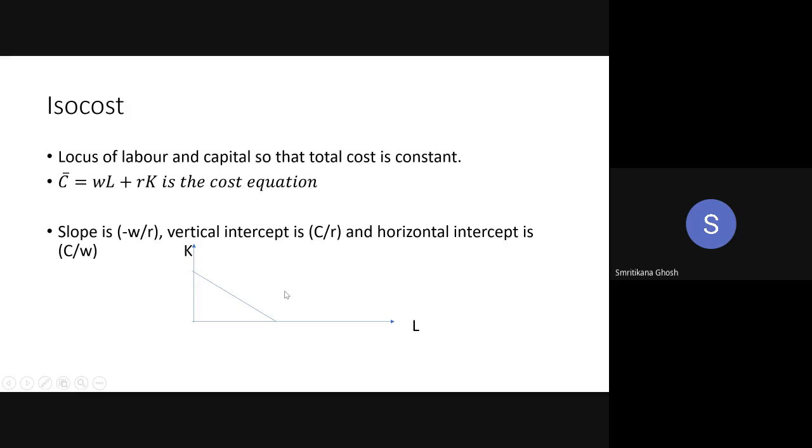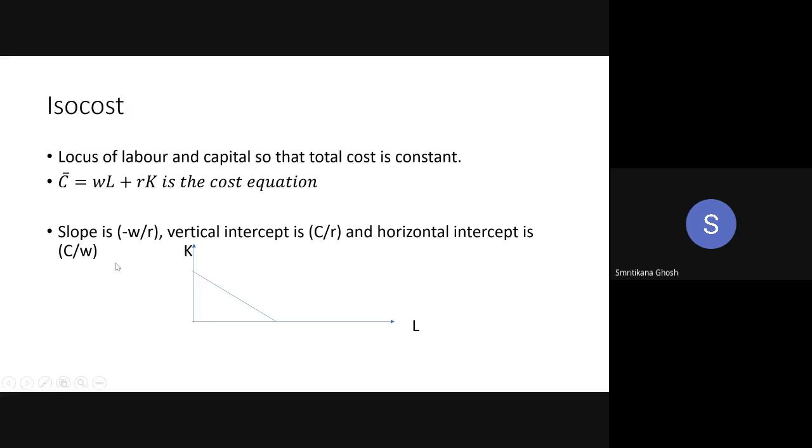So you have your cost equation. Okay, fine. In the next class, I will definitely make it more prominent. But anyway, once you have the cost equation, you have to draw it. So to draw it, the very first thing you have to find is the slope. So what is the slope?